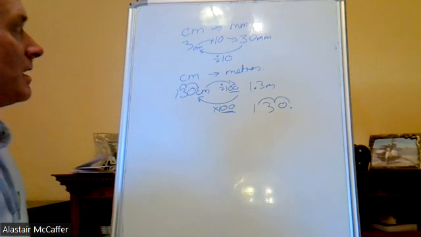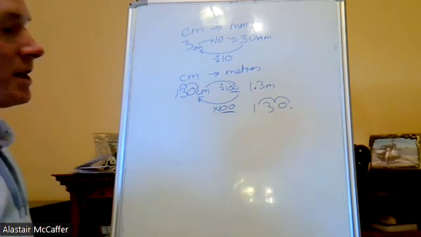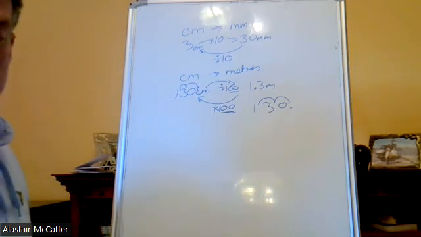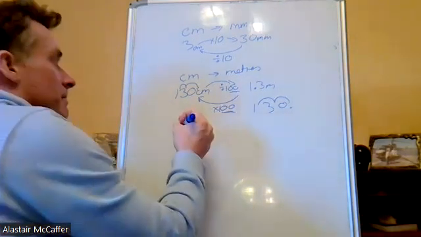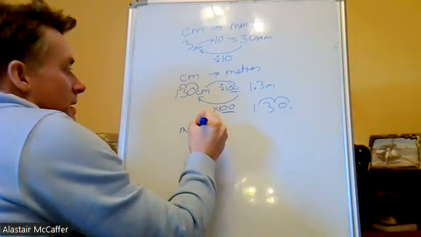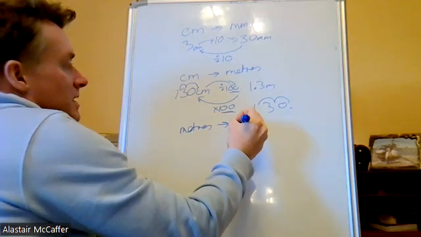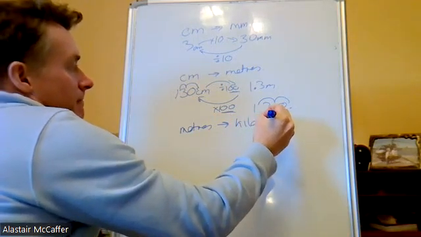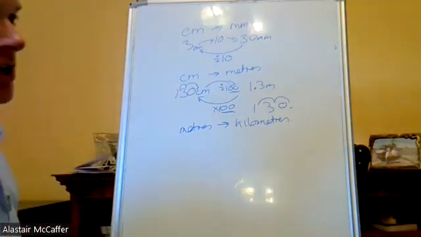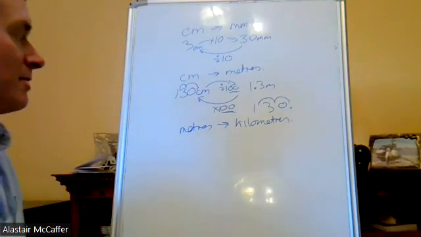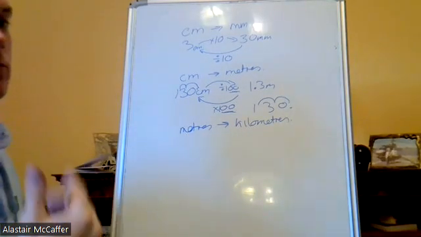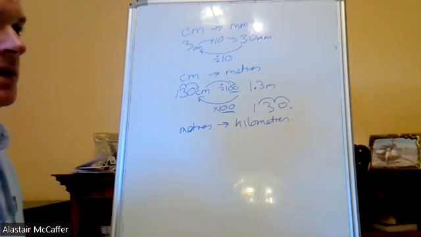Okay. So now what we're going to do is we're going to go from metres to kilometres. Now the prefix kilo means 1,000. So there's 1,000 metres in a kilometre.